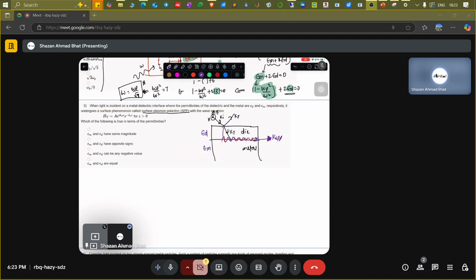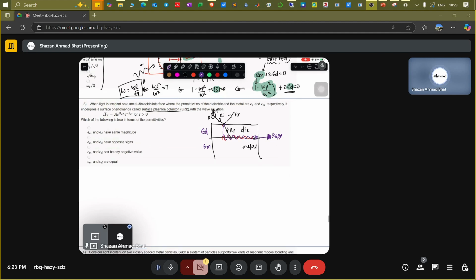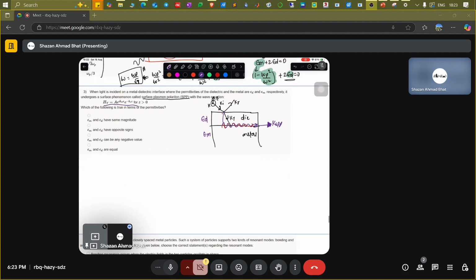If it undergoes surface phenomena with the wave equation, the wave equation is given. You're given Hy equals A e to the power i kx x, e to the power minus kz z. That means this is z direction, this is x direction, this is y direction. That's why it is decaying exponentially in z, and it is oscillating in x direction.